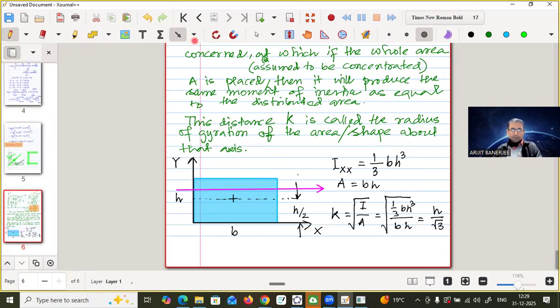Can you tell? One by root 3 is about 0.57.